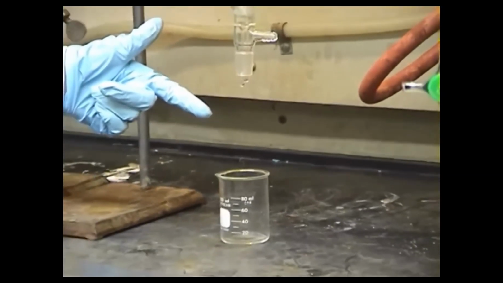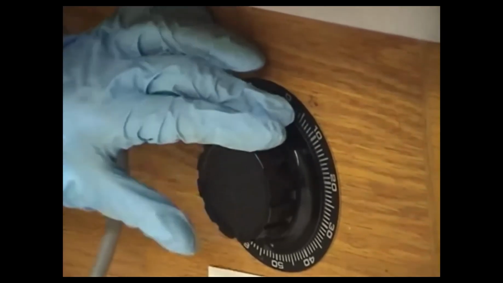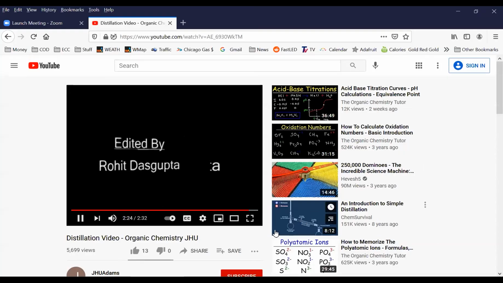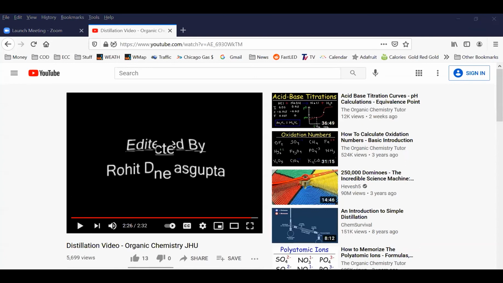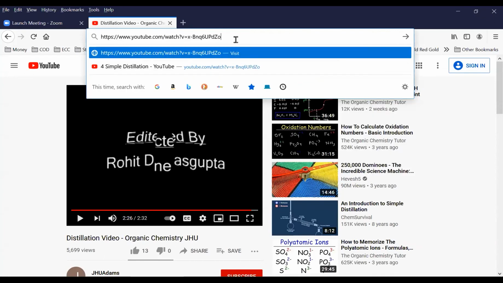If it is dripping faster than that, as shown here, the variac dial should be turned down. And let me show you a second one.